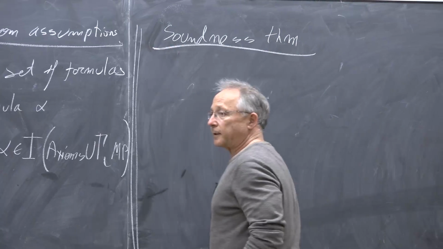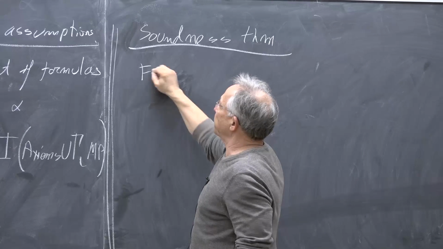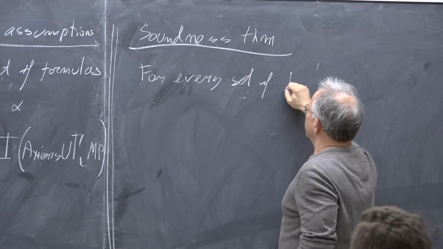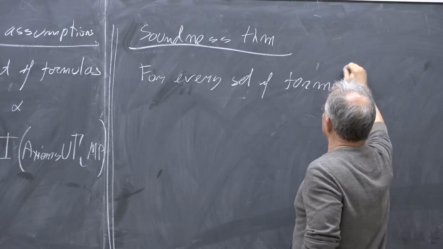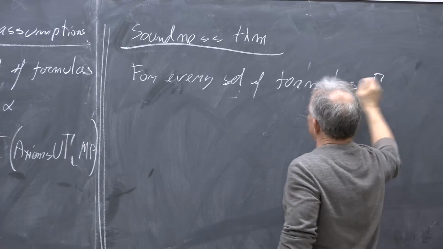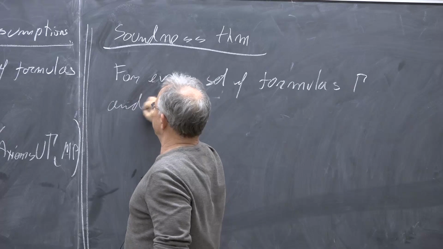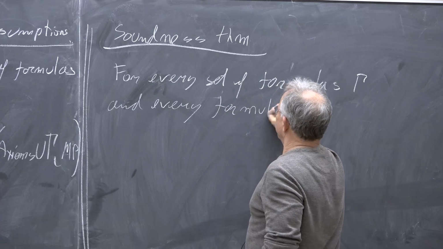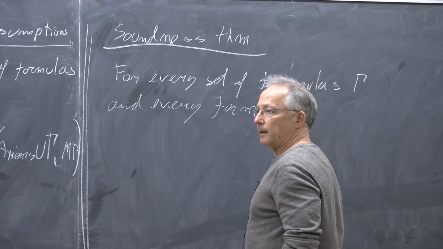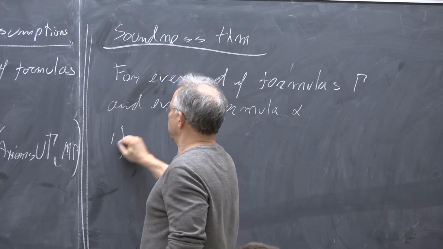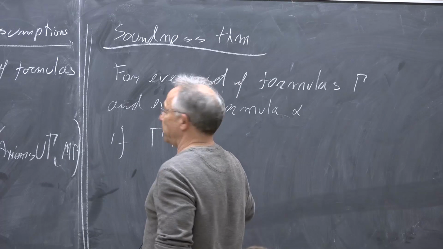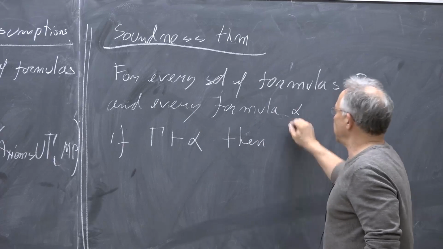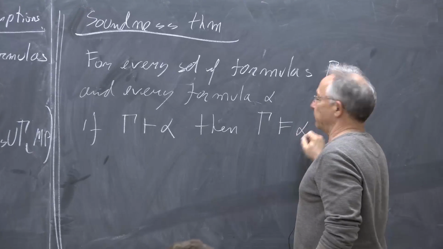So what will be the soundness theorem? It will say that for every set of formulas gamma and every alpha, if gamma can formally prove alpha, then gamma logically implies alpha.